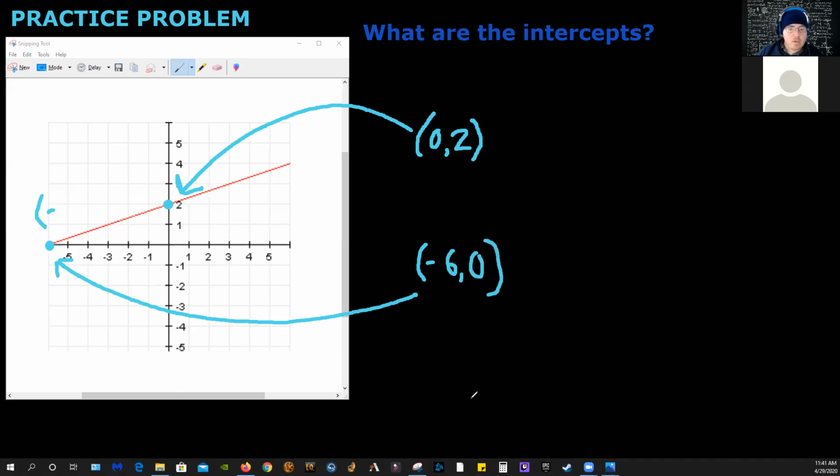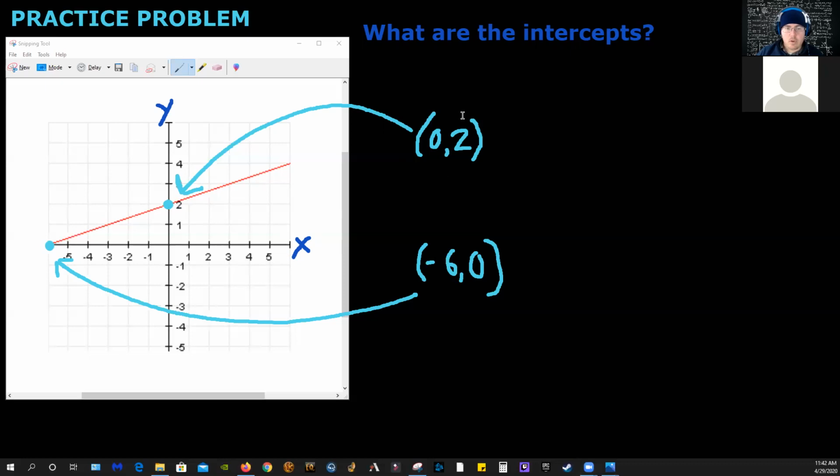So now the question is, which one's which? Which one is the x-intercept and which one is the y-intercept? The easiest way to tell is to look at the axes. This is the y-axis, this is the x-axis. So whichever one touches the y-axis is the y-intercept.